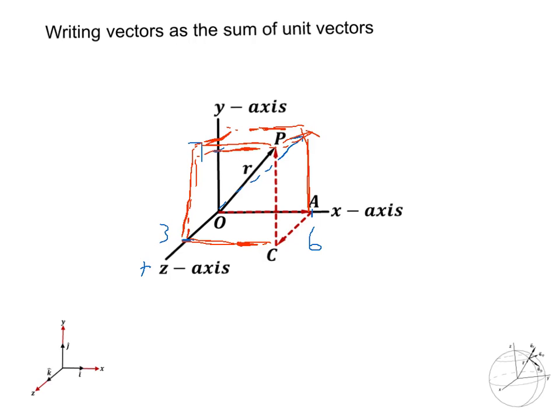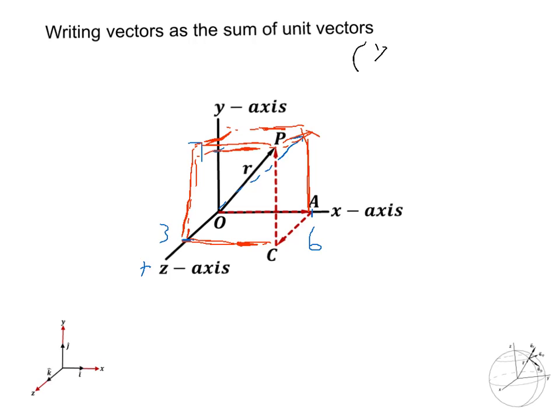Okay, it's not my best one, but what you're doing is you're coming out 6 units on the x, you're going up 7 units on the y, but then you're coming out towards us 3 units on the z, and that's why the vector head goes out here. So a prism will help you get this vector in the right place.